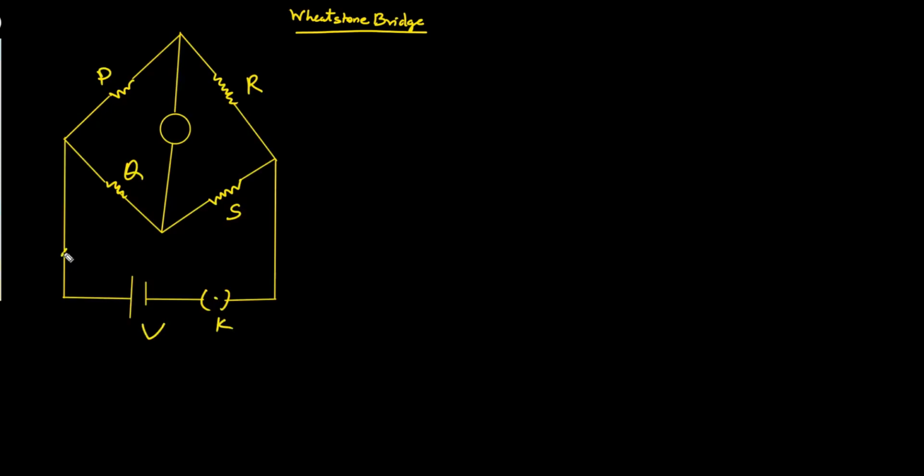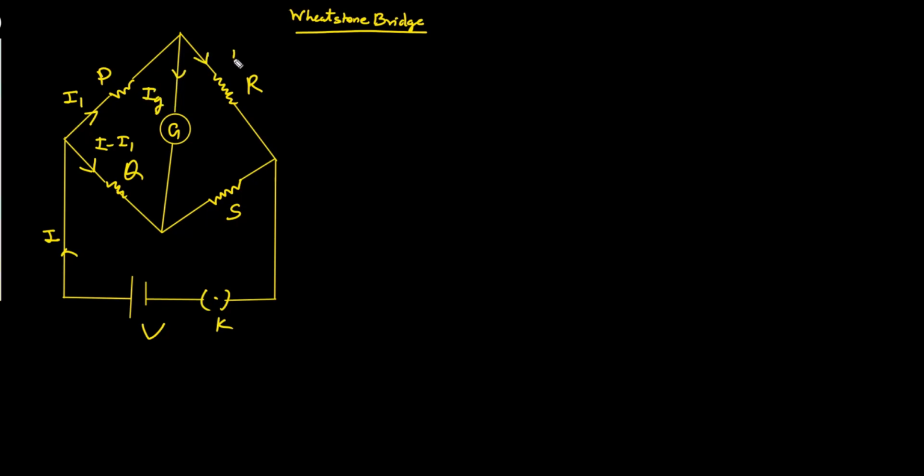Suppose I amount of current is supplied by the cell of voltage V, and out of that I1 current is passing through P. Rest of the current, I minus I1, will pass through Q. This is the galvanometer. Let the current passing through the galvanometer be Ig.